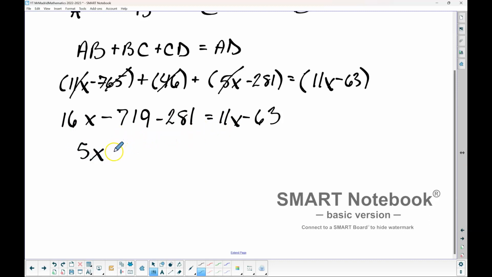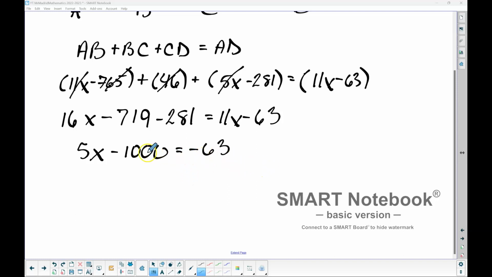I'm going to combine these two, which is minus, equals. Next from here, I'm going to pause the video. You let me know how do we proceed from here.